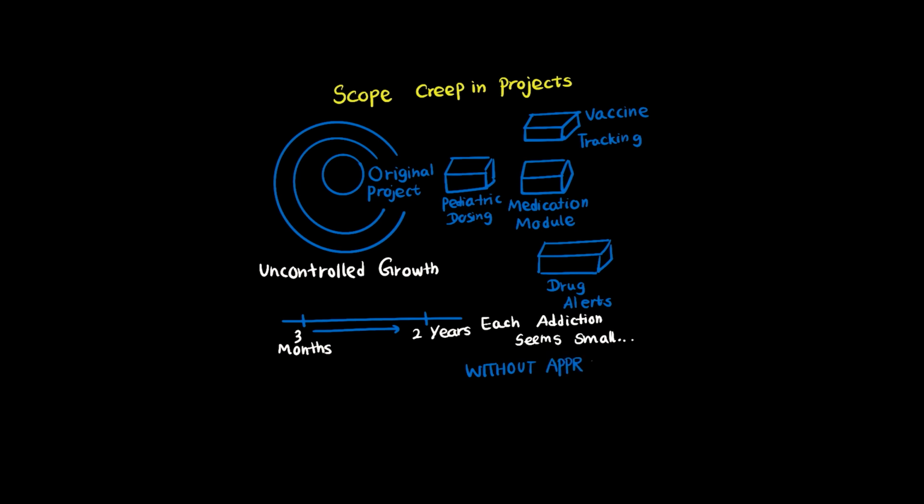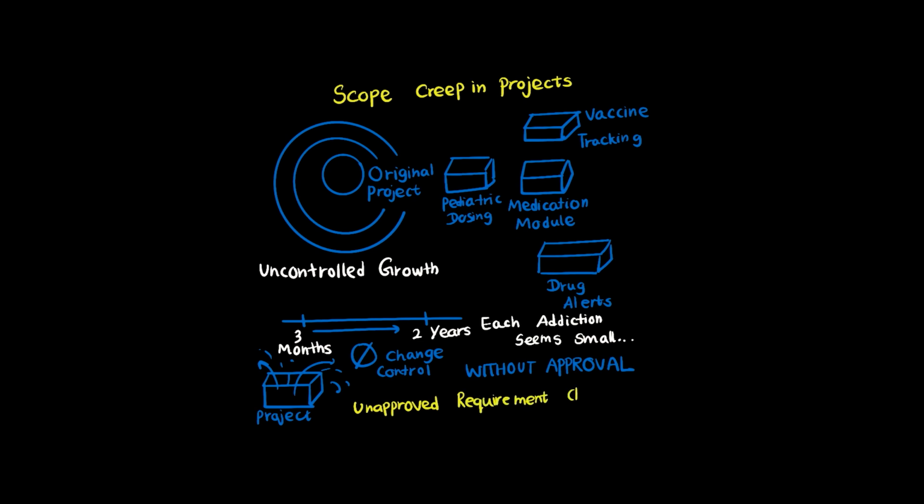These changes creep in slowly, without formal approval, without additional resources, without timeline adjustments. The project that was supposed to digitize nursing documentation is now also handling scheduling, inventory, and billing. This unapproved expansion causes delays, cost overruns, team burnout, and often complete project failure. That's why change control processes exist, to prevent scope creep.